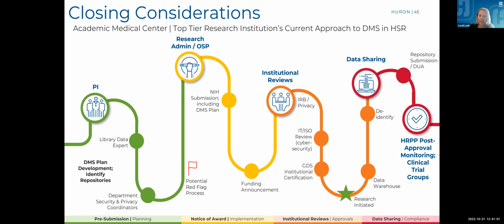When we get to the institutional review board process, and you as an IRB member are taking that into consideration, it should be in their protocol, the plan for how they're going to share that data. So it's not that you need to review their DMS plan, but instead their protocol. And what does their protocol say about potential future use, sharing, and the potential to re-identify subjects from that information?